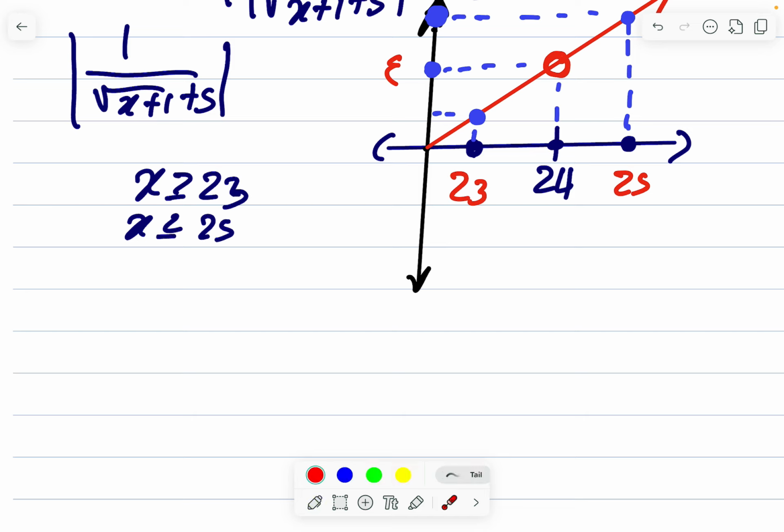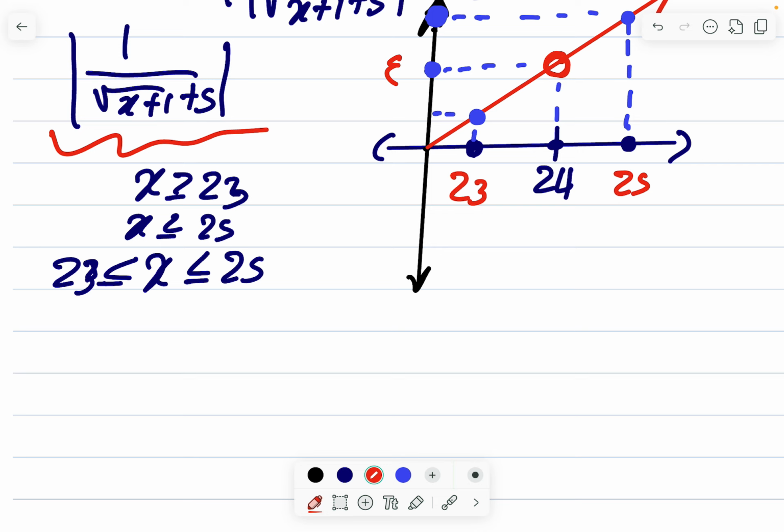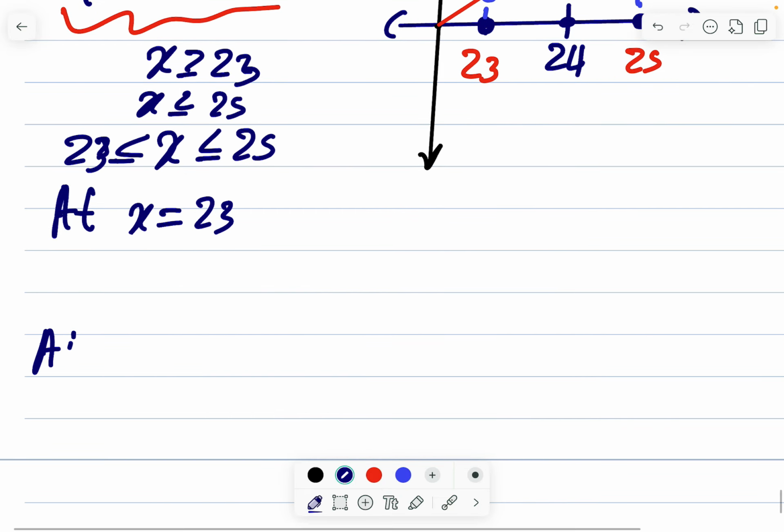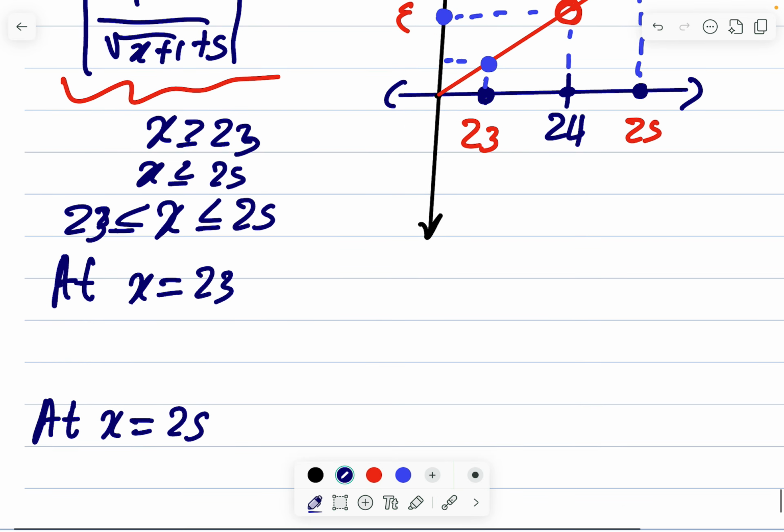I'm talking about this range. So x is less or equal to 25 but greater or equal to 23. It means I'm going to check the values of f of x, which is this function of mine here, at x equal to 23 and at x equal to 25. So let me substitute my values now.